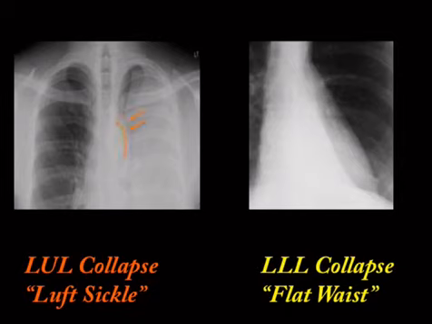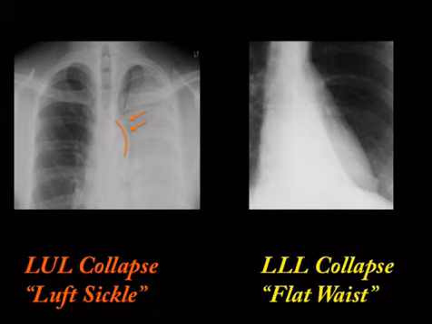Luft means air in German. And what you basically have is this lucency along the mediastinum from interposed left lower lobe apex, the superior portion of the left lower lobe, that's smashed between the mediastinum and this collapsed left upper lobe.